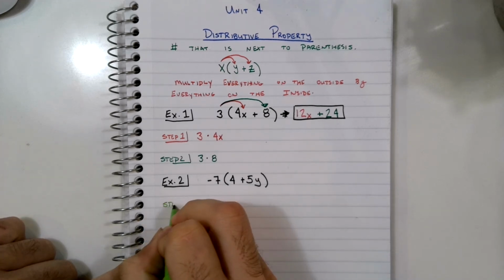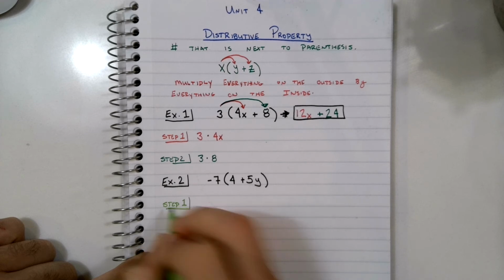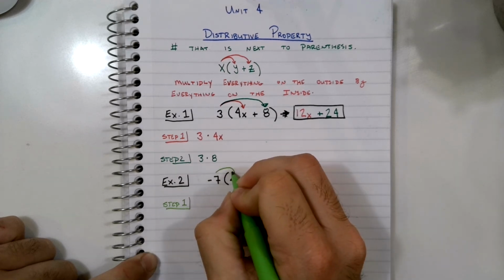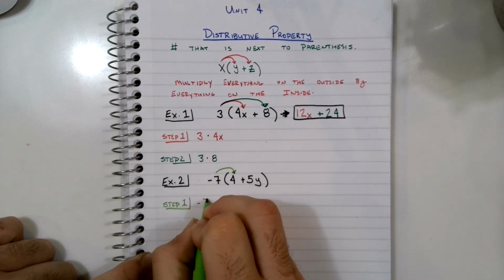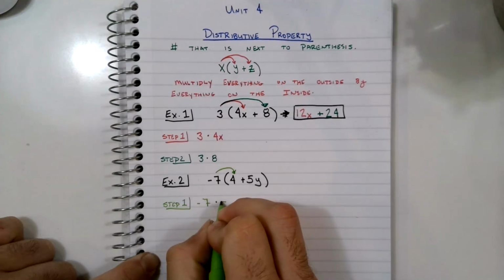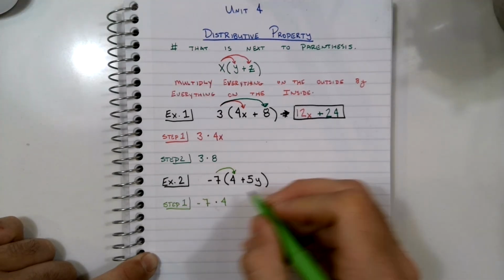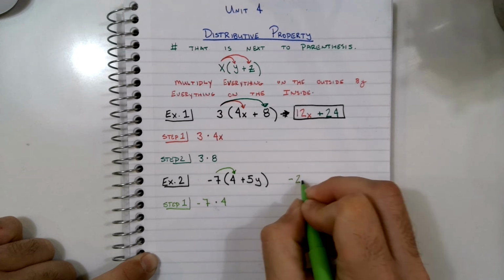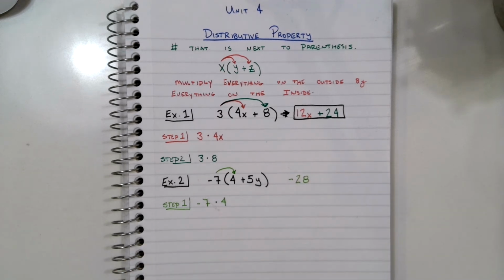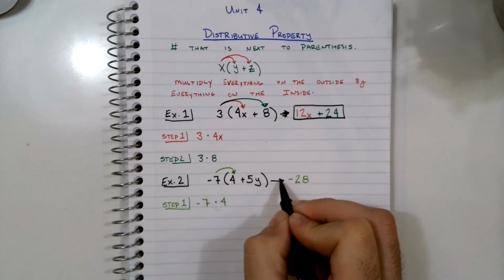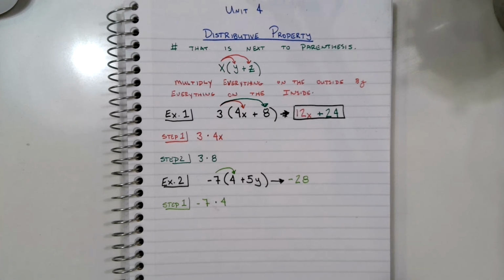So in this example, step 1 is going to be right here. We're going to have negative 7 times 4. Negative 7 times 4 is negative 28. I'm going to draw my arrow here so I know that I'm working this out.